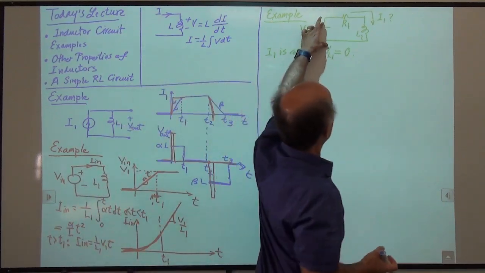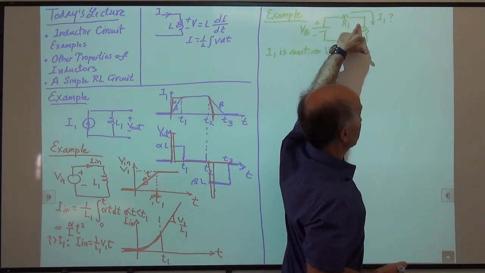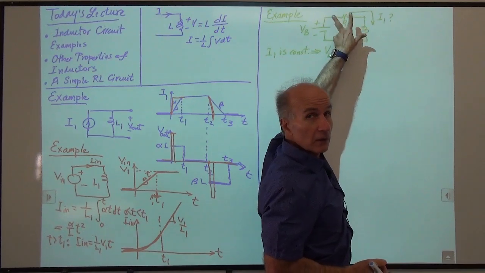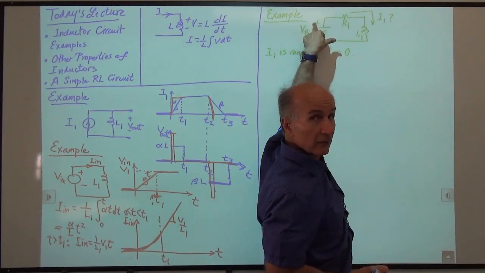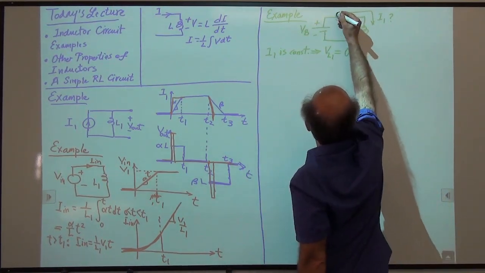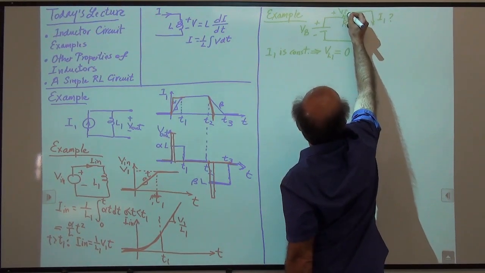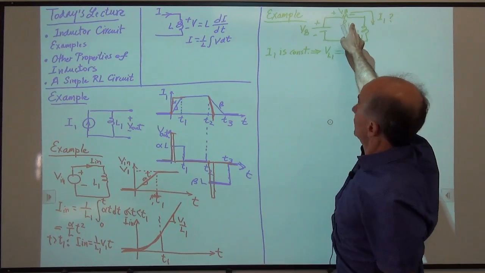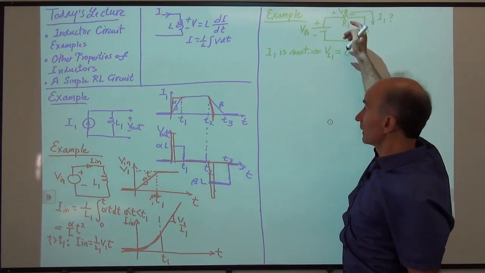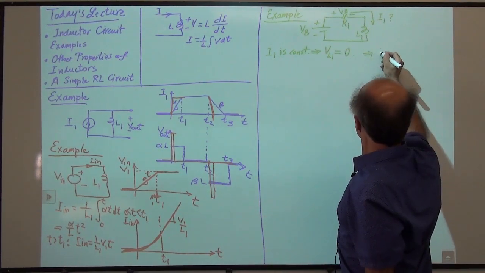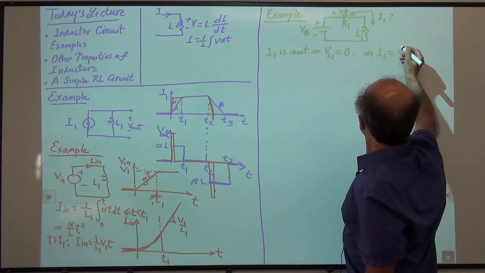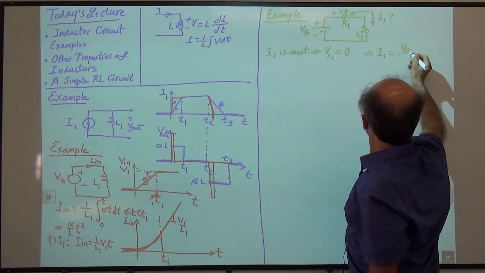Okay, so this voltage is equal to this voltage plus this voltage, right? So this voltage is 0. The voltage across R1 is just the battery voltage. So this voltage here is just VB. And because I have the voltage across the resistor, I can find its current. So that means that I1 is equal to VB over R1.